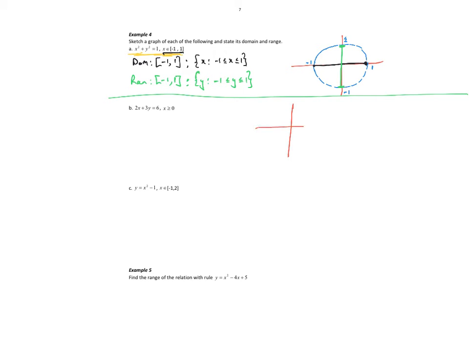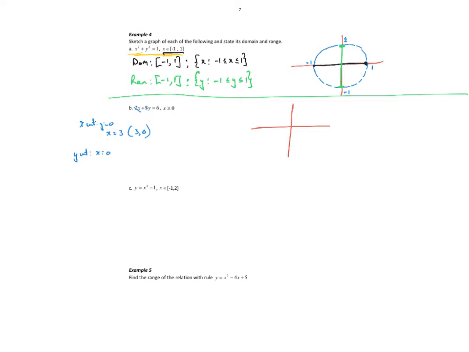We've got the graph of 2x plus 3y is equal to 6. So again, I'm going to sketch this graph. Basics. X-intercept means y is equal to 0. If I put y equal to 0, I get 2x is equal to 6, which means x is equal to 3. So I get the point (3, 0). For the y-intercept, let's put x equal to 0.